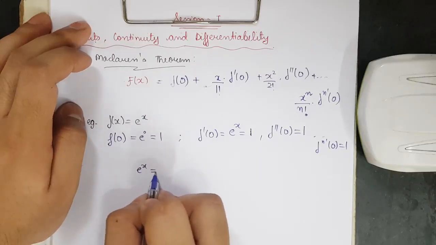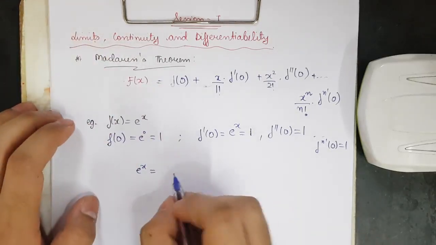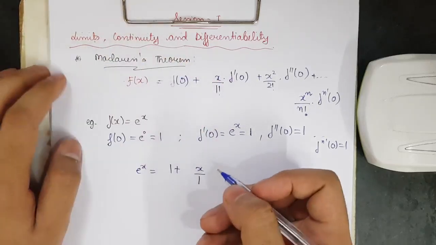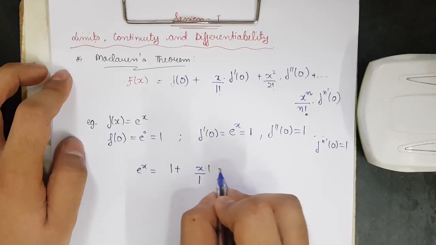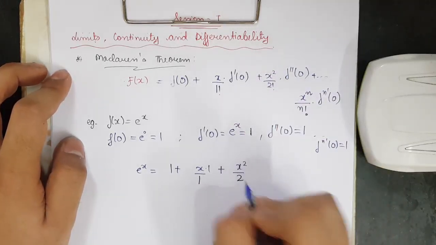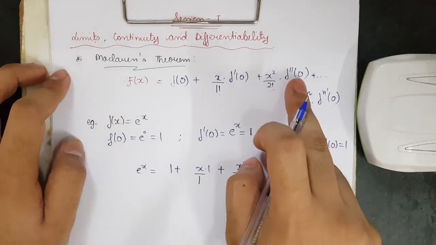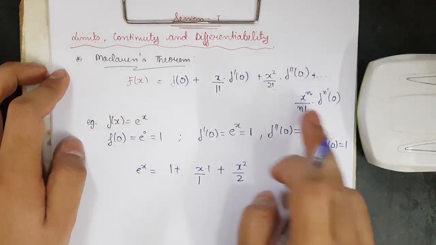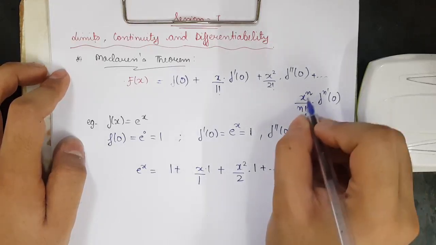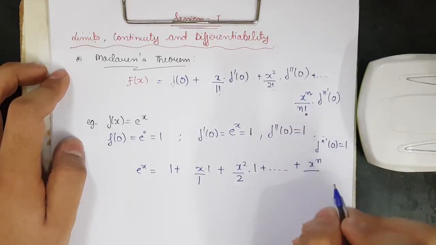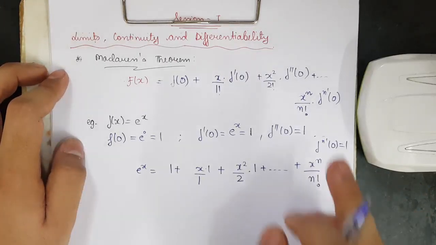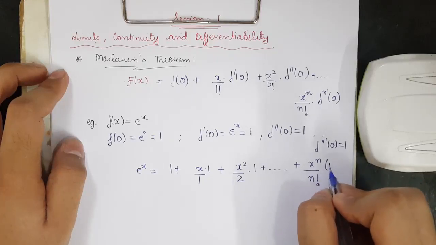So e raised to power x comes out to be f of 0, that is equal to 1, plus x by 1 factorial, that is equal to 1, into f dash 0, that is also equal to 1, into 1, plus x square upon 2 factorial, that will be equal to 2, into f double dash 0, that will be equal to 1 once again, into 1, plus we move on to the last term, which is x raised to power n upon n factorial, that will be n factorial only because we don't know the value of n, into f n dash 0, that is also equal to 1.